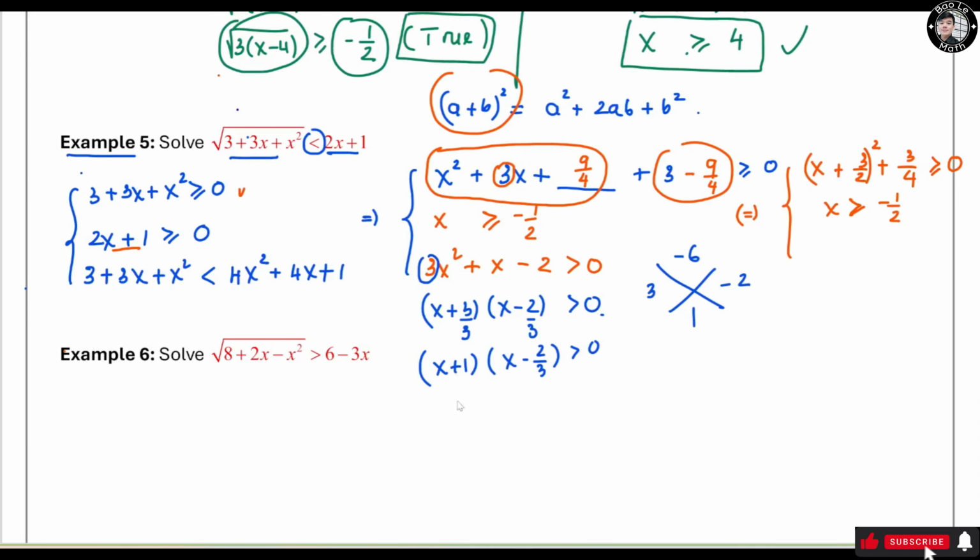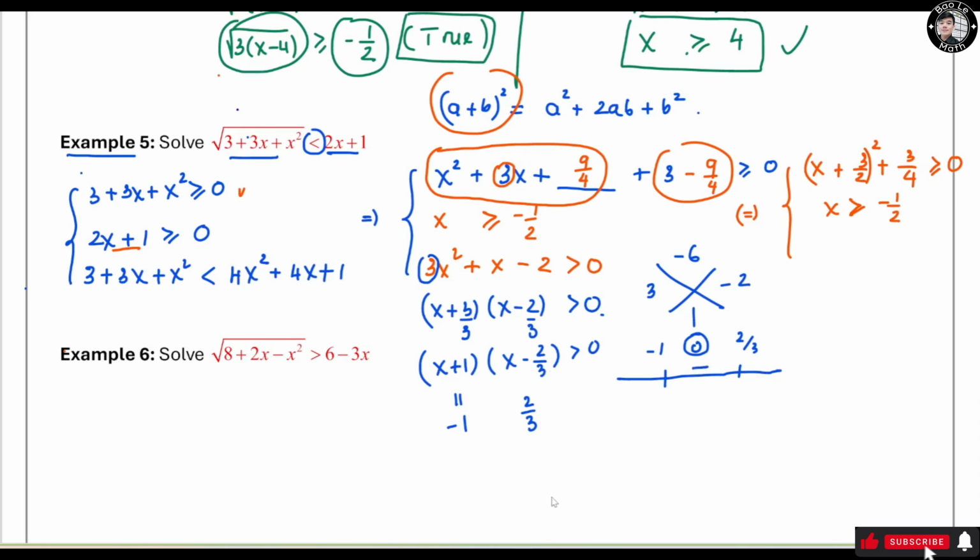Now we have 2 zeros. The first one is negative 1. The second one is 2 thirds. Put these two guys on the number line, right? Negative 1, 2 thirds, right? Now I'm going to check the interval, right? So I'm going to pick a 0 right here within this interval, right? I substitute over here. So I have (0 plus 1) times (0 minus 2 thirds) is going to be negative, right?